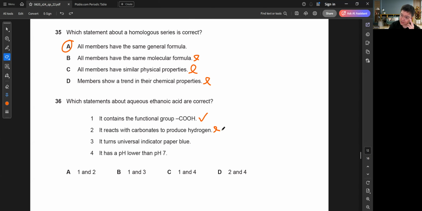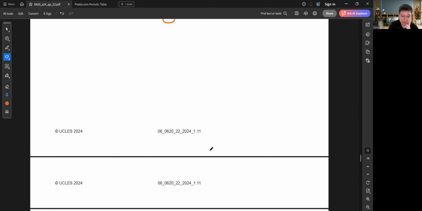In this case, it's no. Oh, sorry, it reacts with carbonate, my apologies, to produce hydrogen. It turns universal indicator blue. Blue means that it is alkali. No, this is an acid. It should turn it red, not blue. It has a pH lower than 7. Yes, because acid does have a pH lower than 7. So the answer is C.